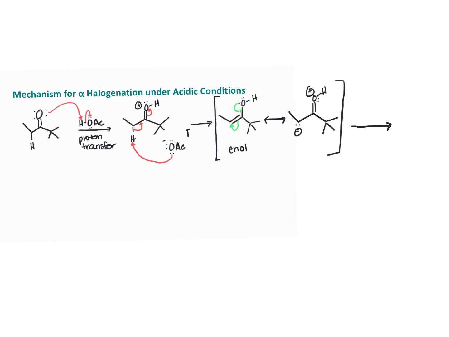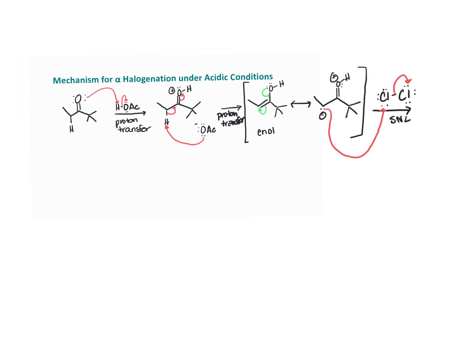Sorry, I forgot to label that as another proton transfer. This is an Sn2. We are going to do this with chlorine. All right. With chlorine, these electrons come up, right? And they're going to attack that chlorine. Those electrons go there, right? Just like with the Br2, it's just we're using Cl2 here. When that occurs, we end up with this guy.